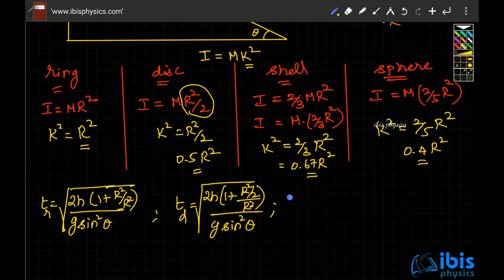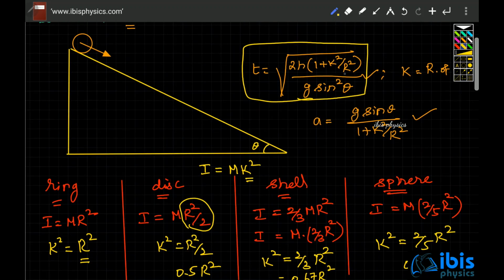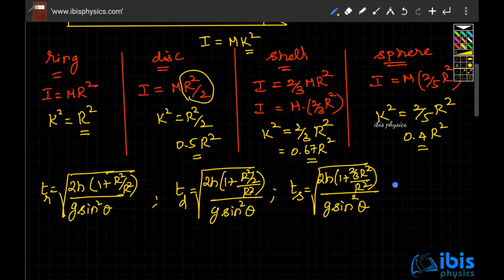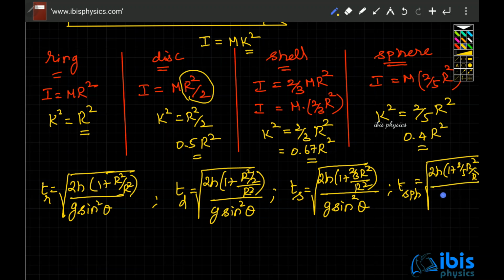Time for the shell equals root over 2h into 1 plus 2 by 3 r square by r square, divided by g sine square theta. What I have done is substitute k square for ring, disc, shell and sphere. And for the sphere, root over 2h into 1 plus 2 by 5 r square by r square, by g sine square theta.